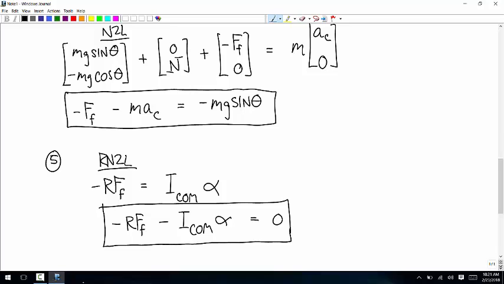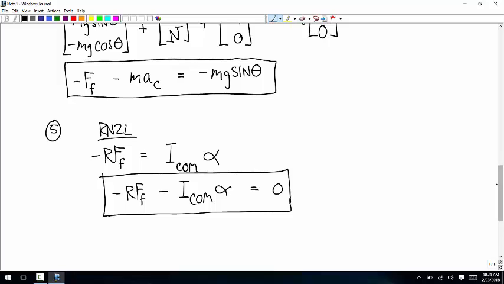But the problem is we added a new equation, but we also added a new variable, alpha. So now we have two equations, three variables.